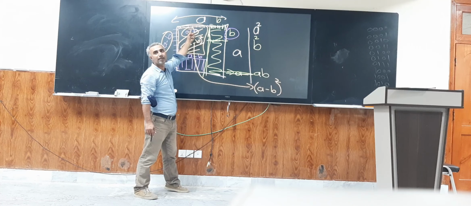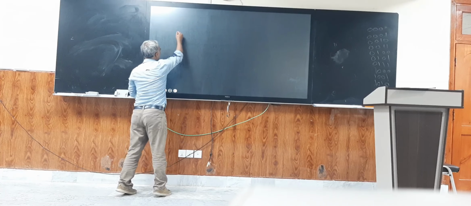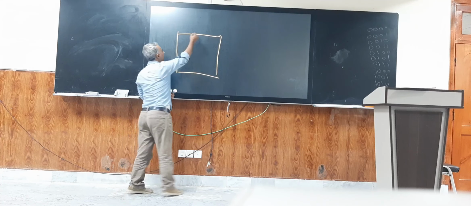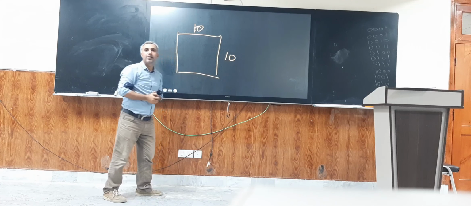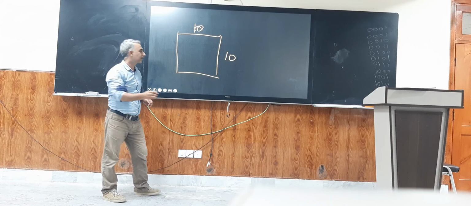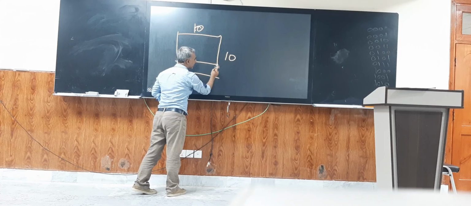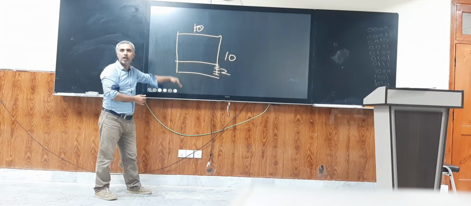Sir, is this a rectangle or a square type? Here, this is 10 into 10. Okay sir. You want to deduct both side length into width. So this is the length 2, and throughout the square you will cut.